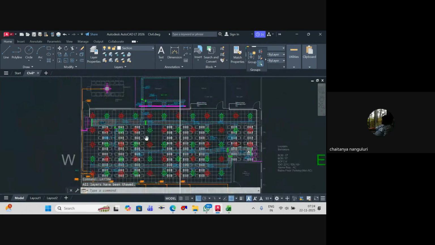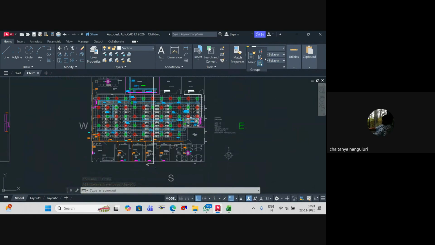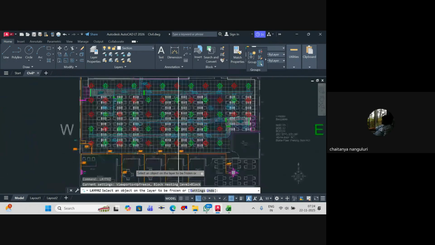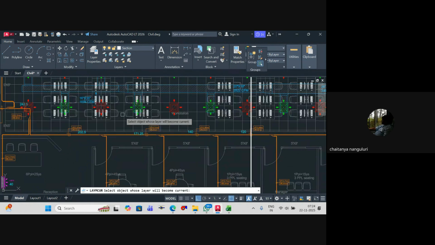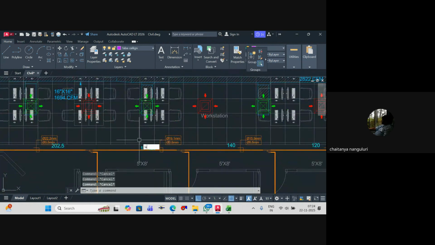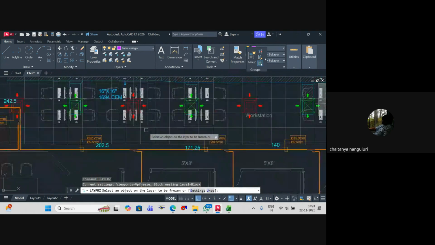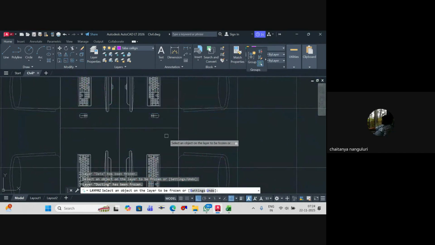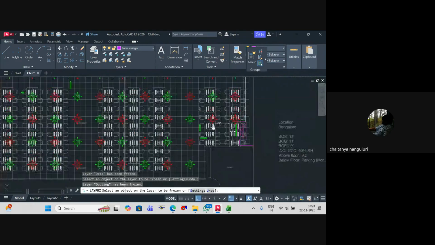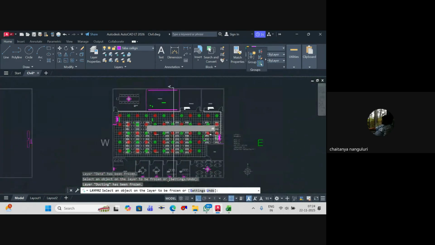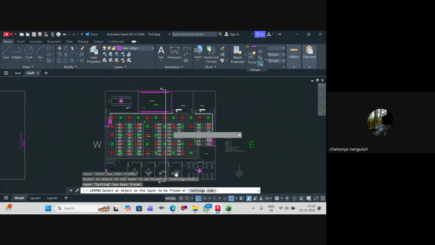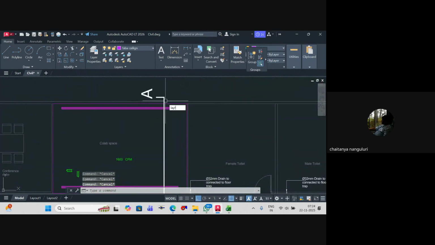I have it here, so I'll remove only the HVAC layer. Ducting I also don't require. The diffusers I want to keep, because the location of my detector is dependent on them. So I'll leave it like this, and over this we'll start working.